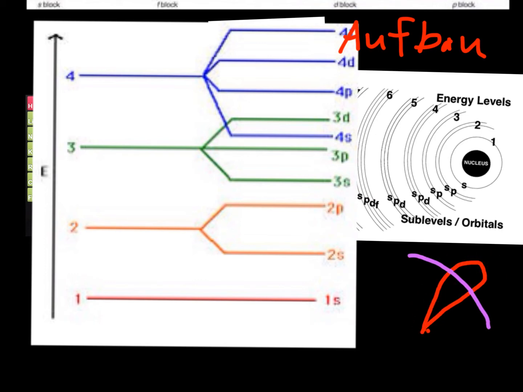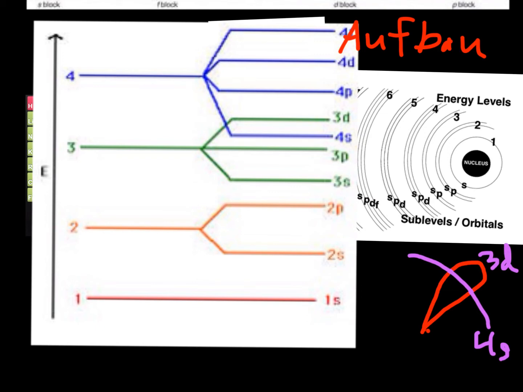And if electrons are going to be as close to the nucleus as possible, if they're going to go to the lowest energy level possible, then my 4s is actually lower. Even though it's in 4, it's physically closer to the nucleus than my 3d. So because of that, they fill the 4s, then the 3d.